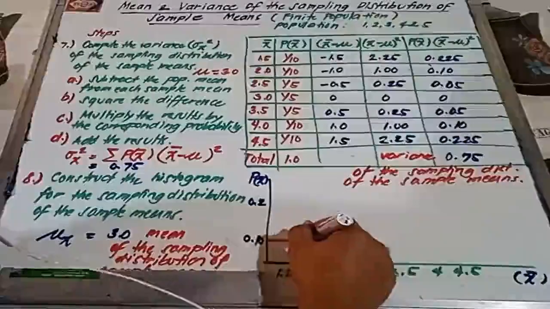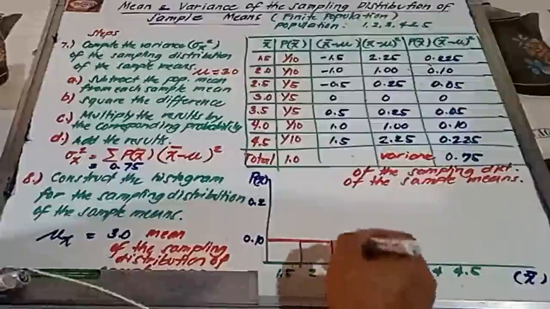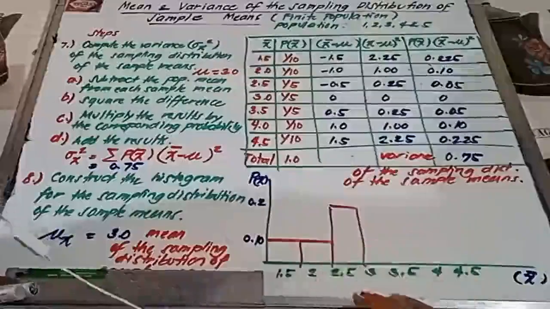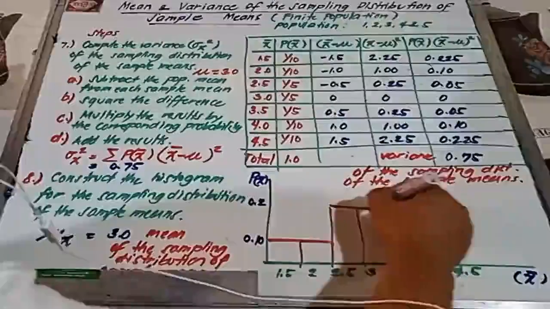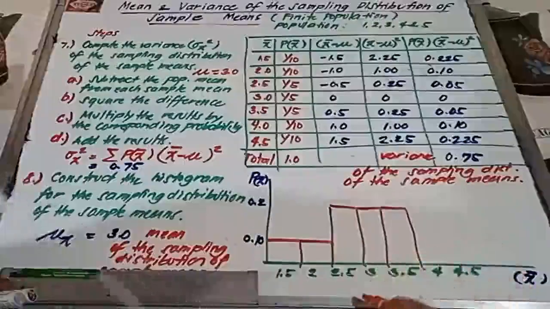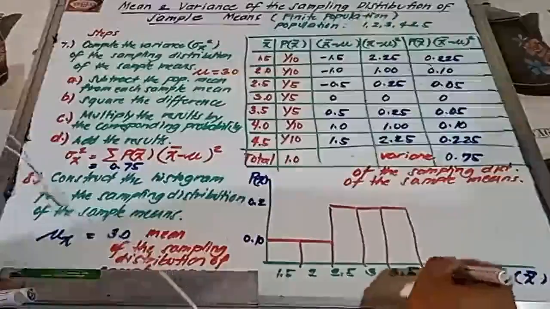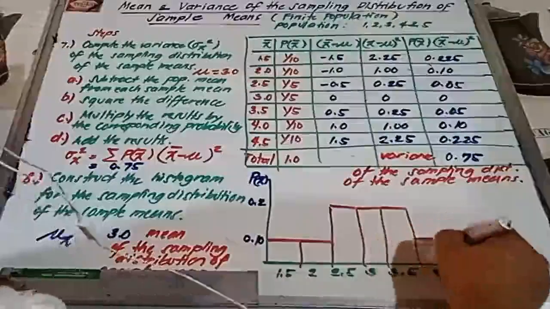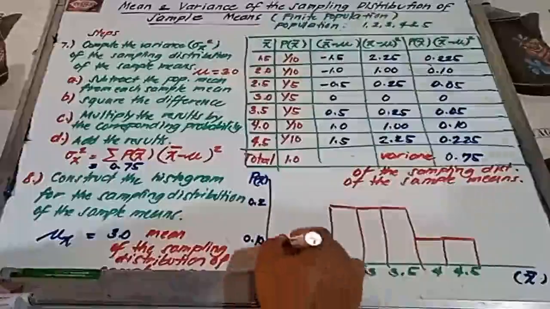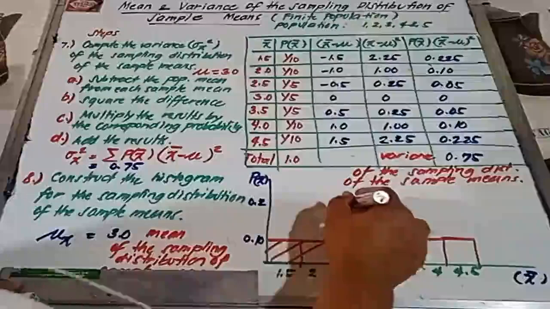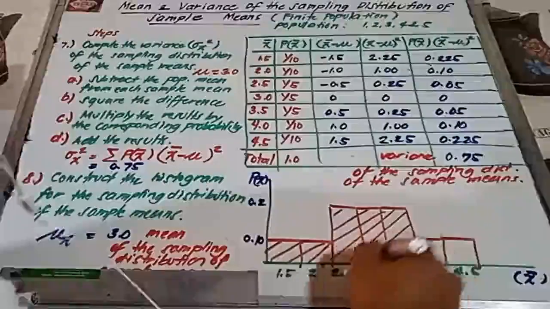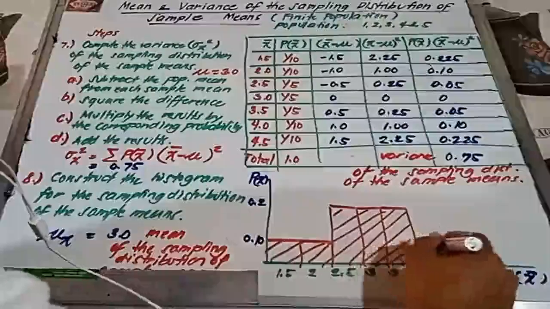Then, 2 is 0.10 din. 2.5 is 1 over 5 is 0.2. Ang 3 natin is 1 over 5 din. 3.5 natin is also 1 over 5. And 4 natin ay 1 over 10 or 0.1. 4.5 natin ay 0.1 din. So, ito yung ating histogram ng ating sampling distribution of the sample mean, which is the last step.